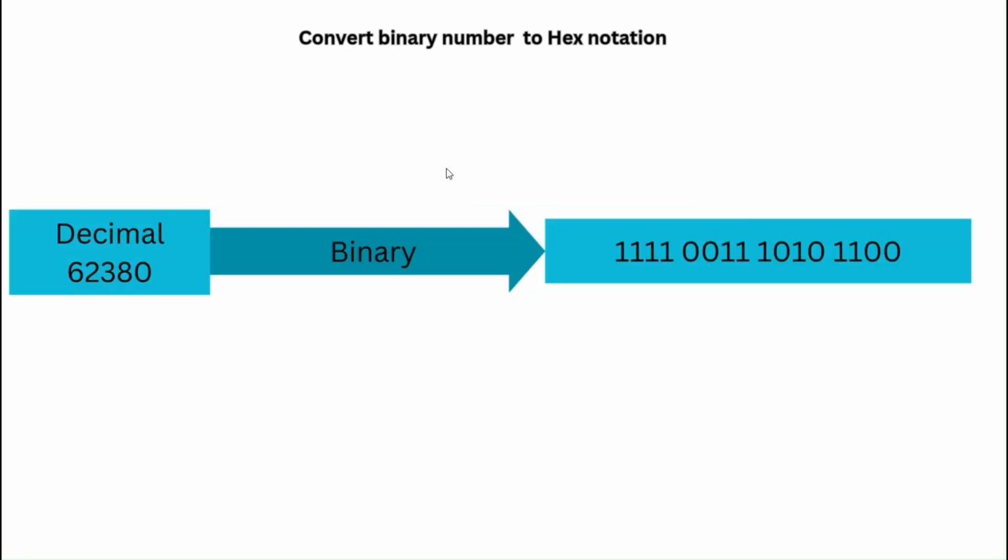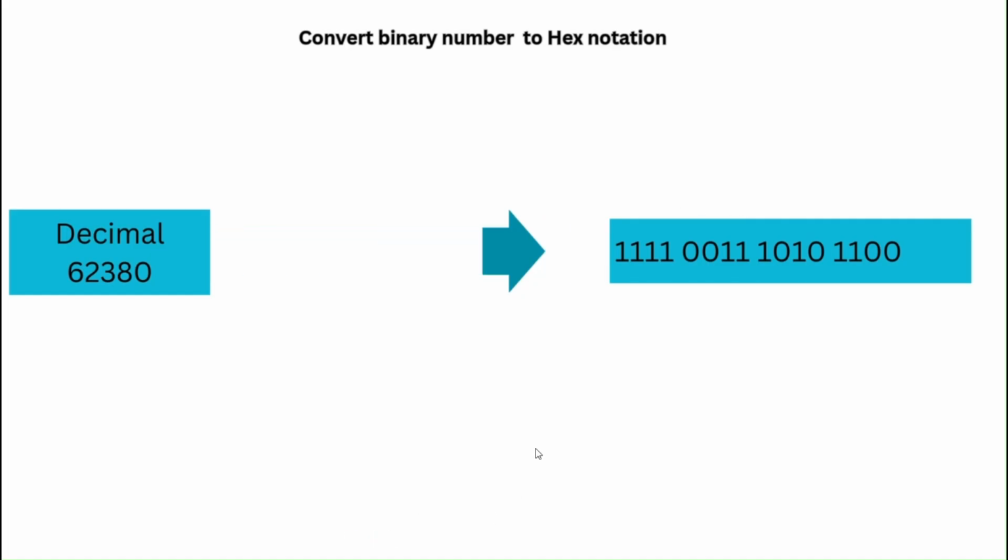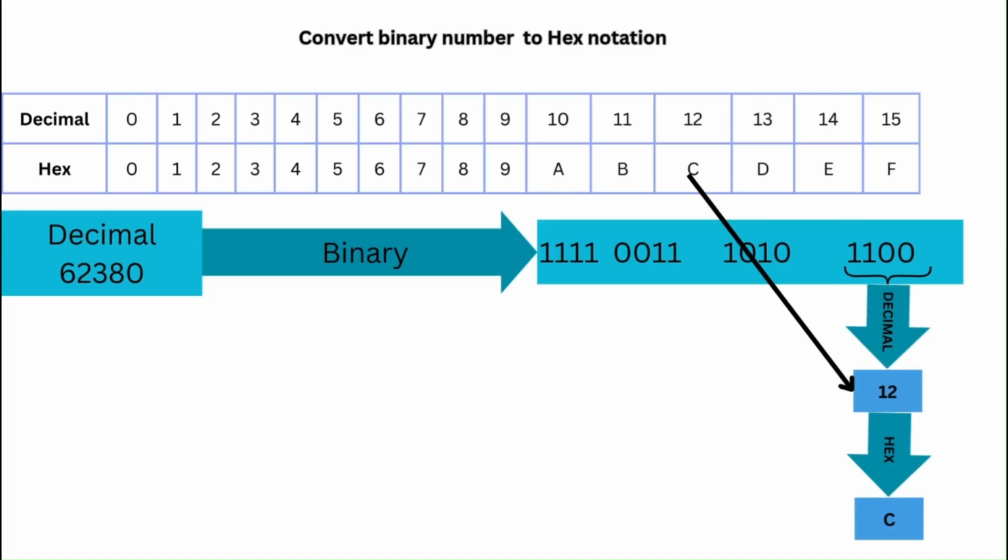Now we will discuss practically how to convert a binary number into hexadecimal. Let's say this decimal number 62380, which I converted into binary, and we will convert it into hexadecimal and see what it results in. First, let's divide it into chunks of 4 like this.